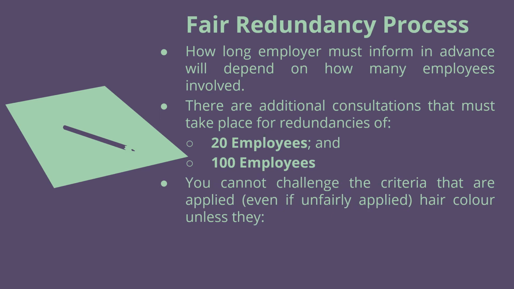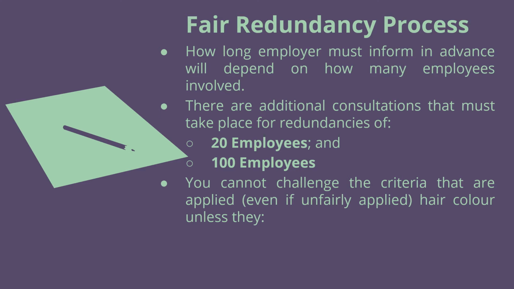Secondly, where there are individual consultation meetings, where you are marked with set criteria, say timekeeping or relationship with your colleagues or attitudes towards your work generally, you cannot normally challenge how you are marked in relation to said criteria. For example, if your employer marks you down for being late, but you know you were never late in your life, it doesn't matter, you can't object to it.